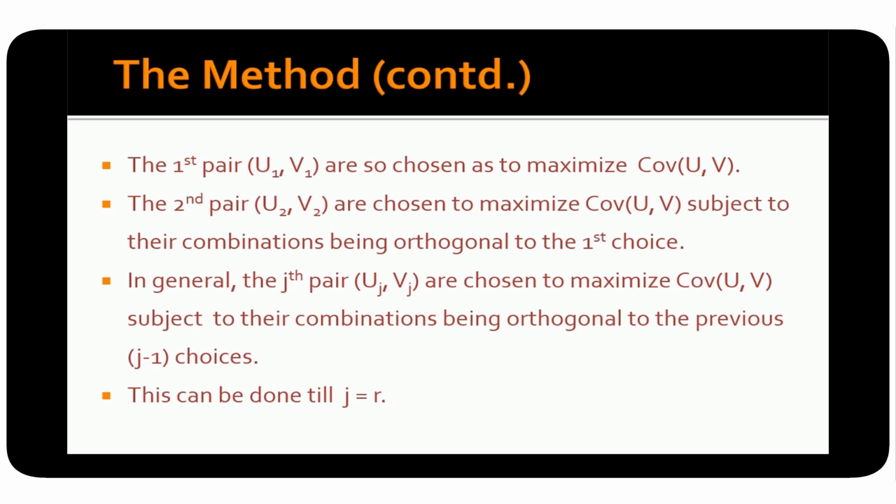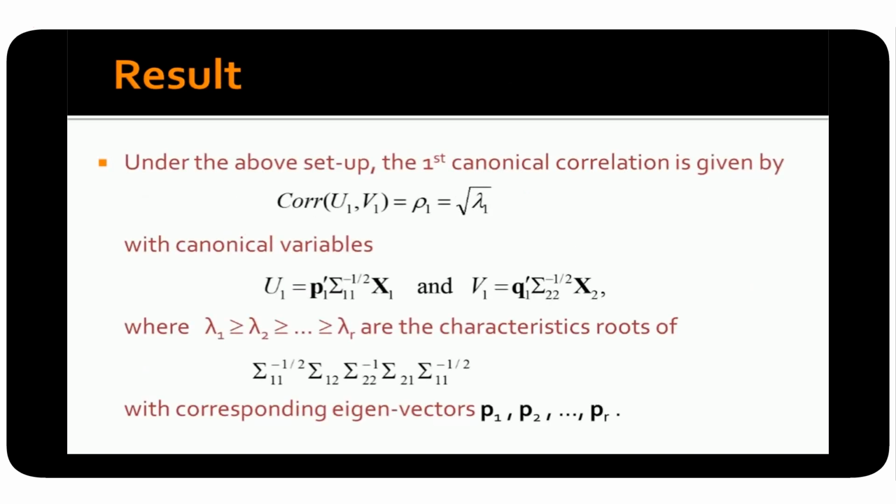To summarize these results, and we can show this as a proof if we do a little bit of mathematics, what we can now show is that the first canonical correlation is given by square root of lambda 1.